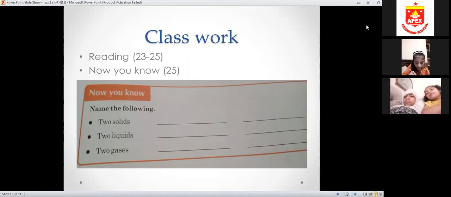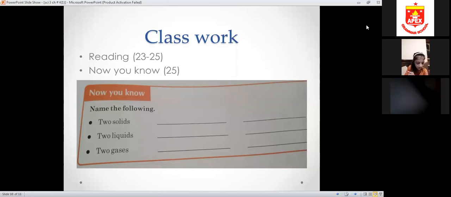Liquids always flow from a higher level to a lower level. Water, milk, oil, and petrol are some examples of liquids.